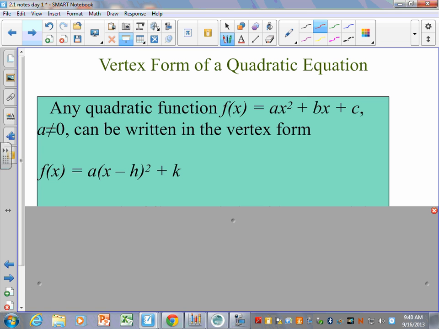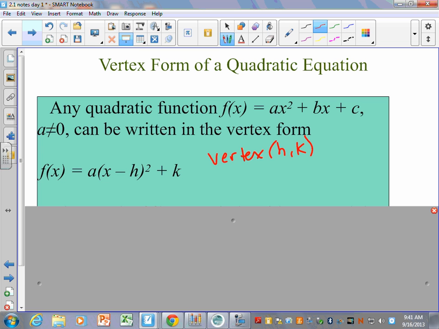If you remember all those lovely conic sections you did last year, h and k all kind of had some similar format to this. So remember that the vertex is at the point (h, k). So if you have it in vertex form, you know where it starts just by looking at it.